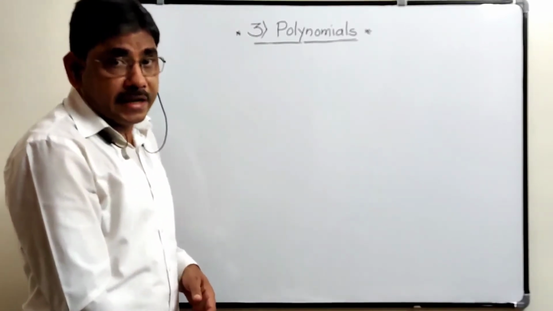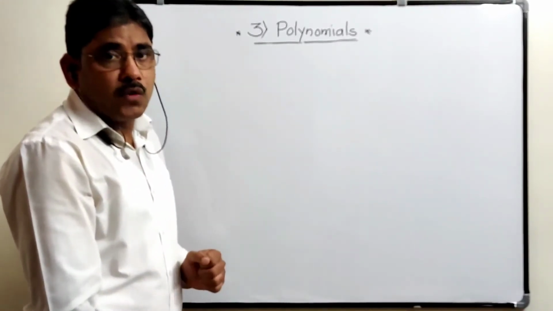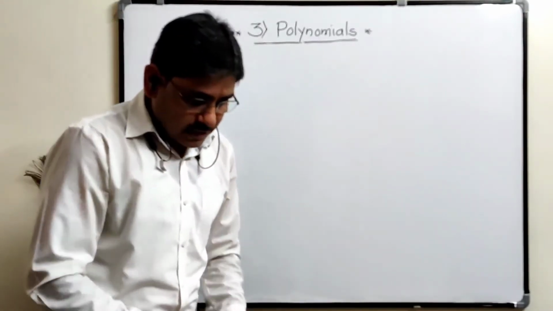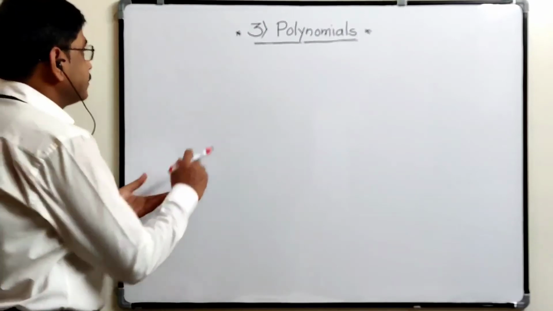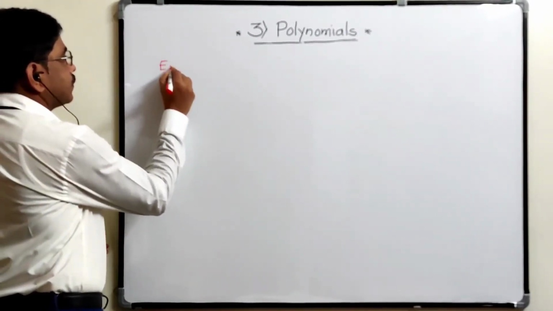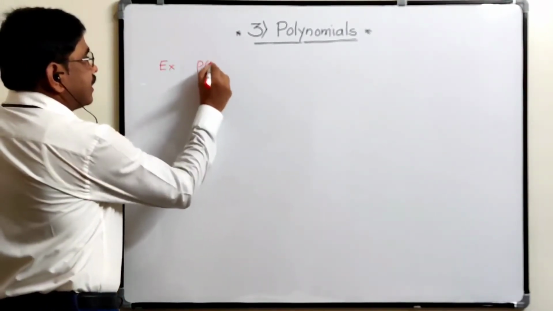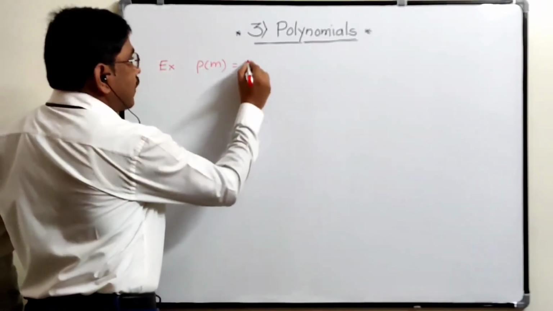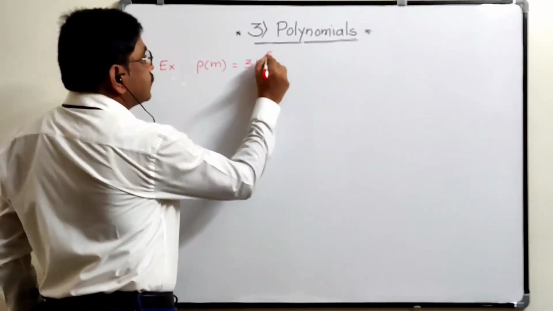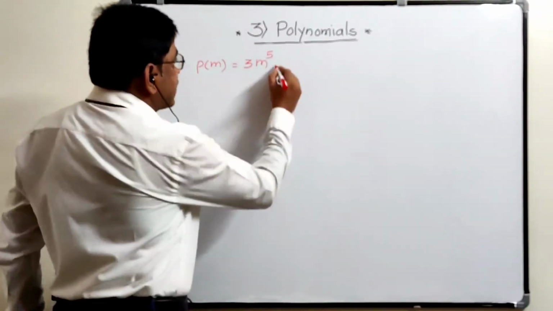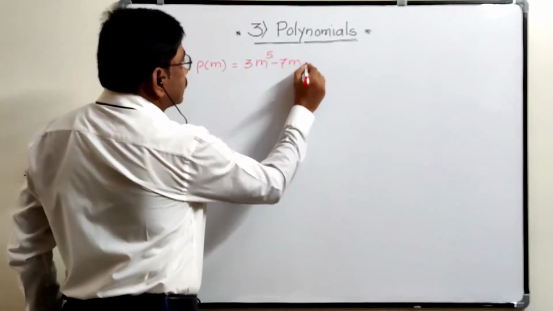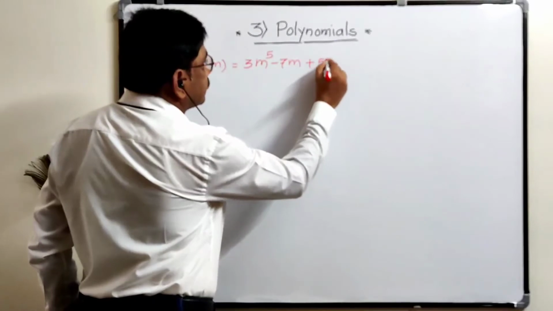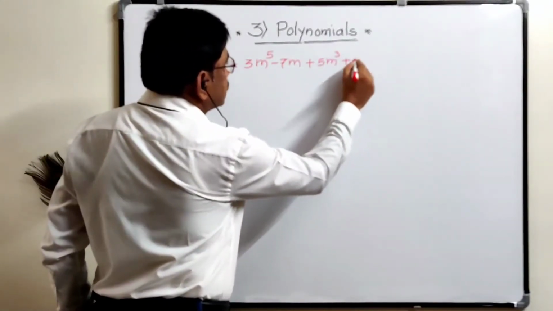Now our next point is standard form, coefficient form and index form. So let us see. Here one example is given, Pm, the polynomial in variable m is equal to 3m raised to 5 minus 7m plus 5m cube plus 2.